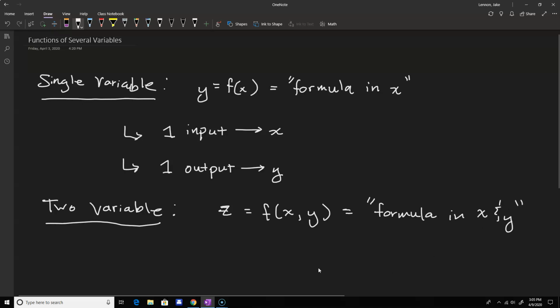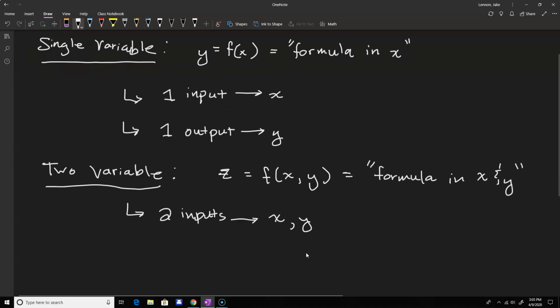So you'll have numbers multiplied and added together and all the other math operations that we've seen put together with x and y. So now we have two input variables, x and y, and we have a single output variable z.